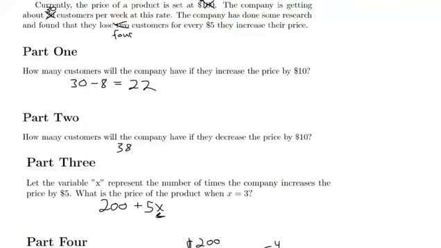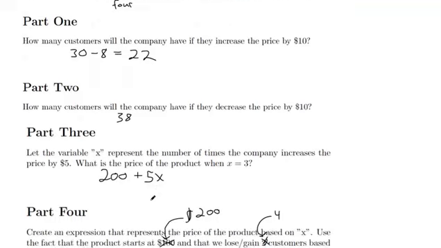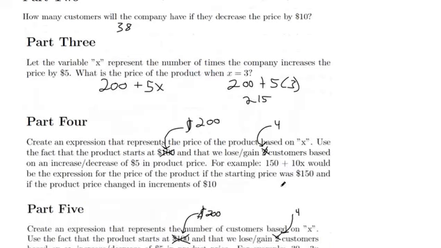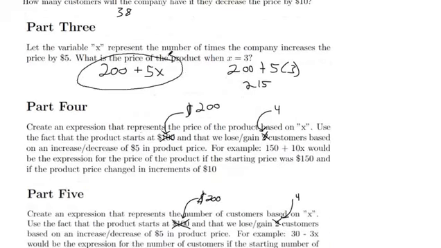So when x equals 1, we've increased the price by $5. When x equals 2, like in this example, we do 5 times 2 makes 10. We increase it by $10. That's the expression we really want. And you've got 200 plus 5 times 3, increasing the price by 3 increments of $5. We should have $215. And that's the expression they want for part 4.